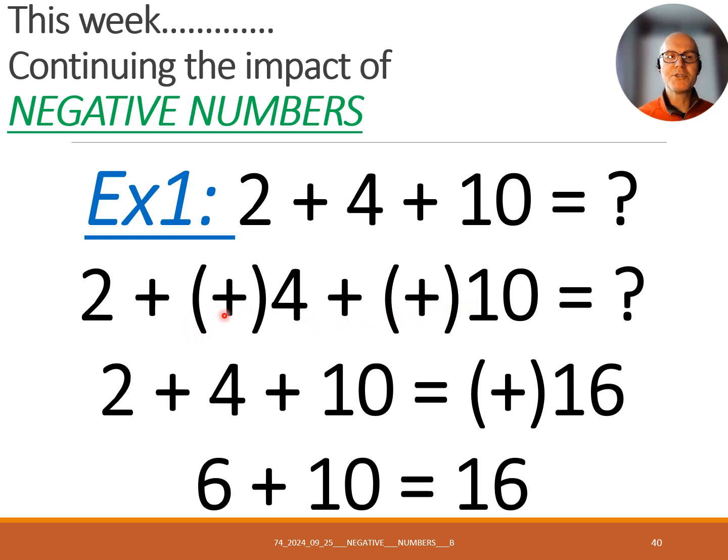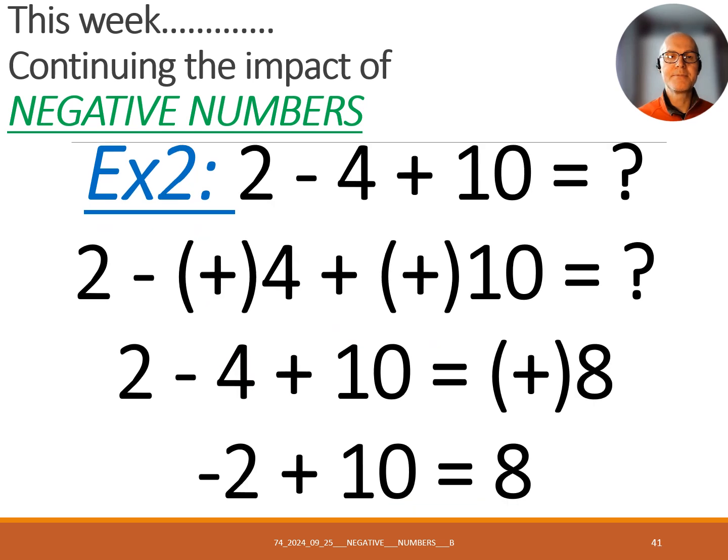So adding a positive stays an add, adding a positive stays an add. So we don't change the functions there. 2 plus 4 is 6. 6 plus 10 is 16. 2 plus 4 plus 10 equals 16. Adding a positive stays as an add.